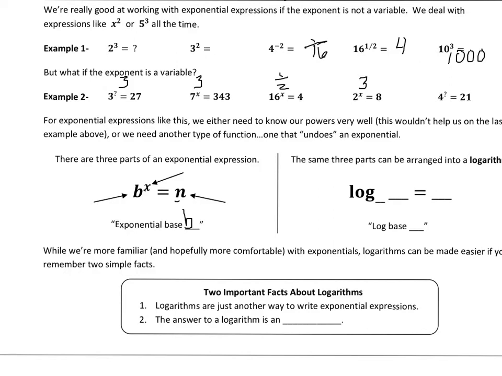Now, the cool thing is that the base of the exponent is the base of the log. That doesn't change, so it's logarithm base b, or log base b, okay? Now, here's the deal. Logarithms are always equal to exponents. So what's my exponent? It's x, so if the log is equal to the exponent, the x always goes over there. Well, then we got 1 spot left for our n, right? So that's log base b of n equals x is how you would say that, okay?